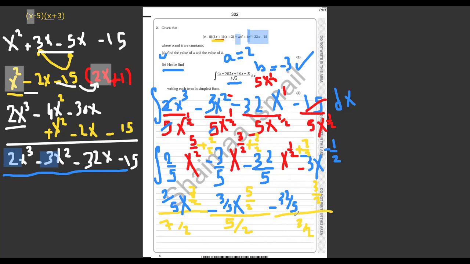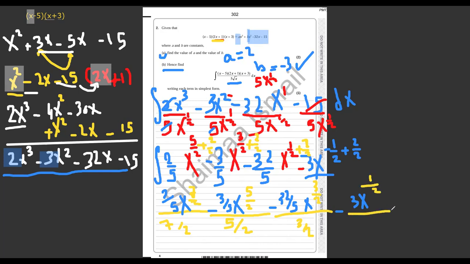You can flip the denominator directly and multiply by the fraction here, but I just do it step by step. Okay, here x power 3 over 2. Minus 3x, the fourth term here. So we add 2 over 2, which is 1. So negative 1 plus 2 over 2, which is half. So minus 3x all to the power half.